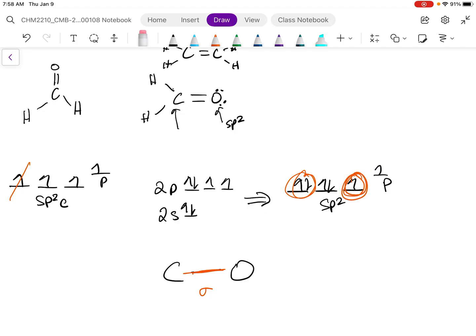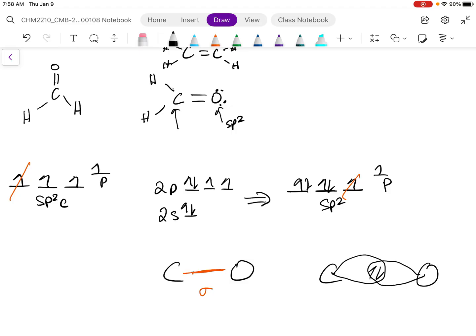And so what we're going to use to form that sigma bond is a carbon that has an sp2 hybridized orbital. And our oxygen atom is also going to have an sp2 hybridized orbital. And each one of those comes with an electron. And that's going to form our covalent bond, or our sigma bond.